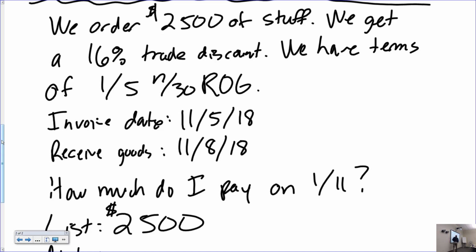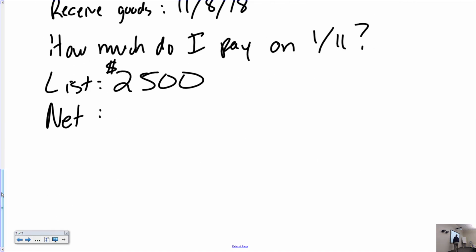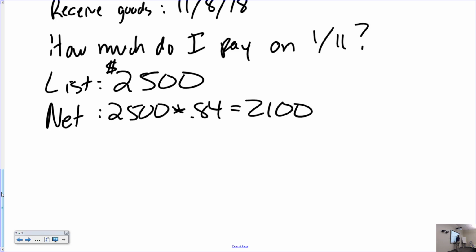What did that work out to be? 2,100. Note, if you multiply by 0.16, that would give you the trade discount amount. Which you then have to subtract, but whatever.